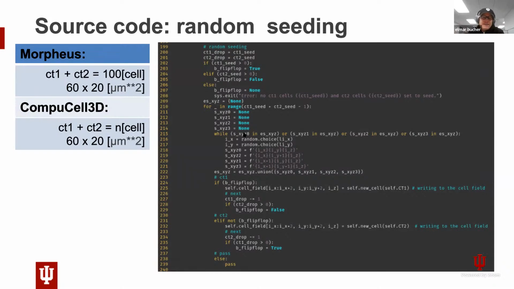But there is this nice loop that finds an empty spot, and there you place a cell that is in the beginning 4 pixels big, and it has this flip-flop mechanism that always seeds one cell and then the other cell, so that I do not first seed all the cells from cell type 1, because then they have an advantage that they have all the spots free, and then cell type 2. It's really always flipping between the two cell types. Yeah, so that's why maybe the code is a bit longer.